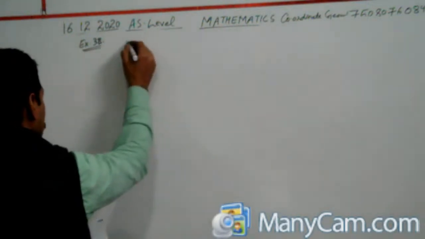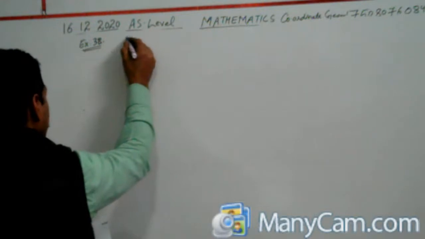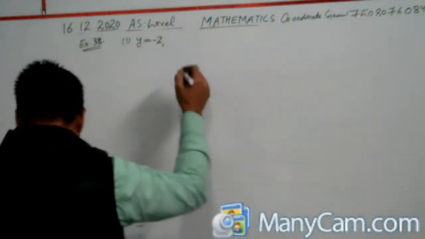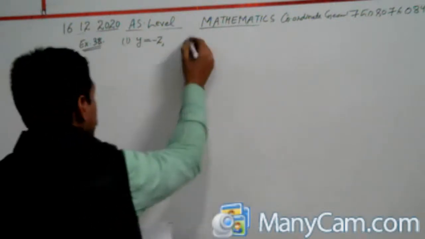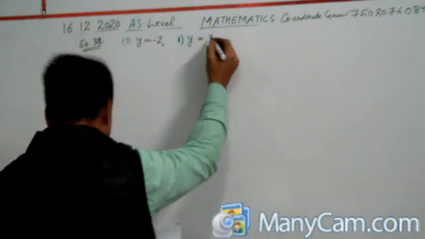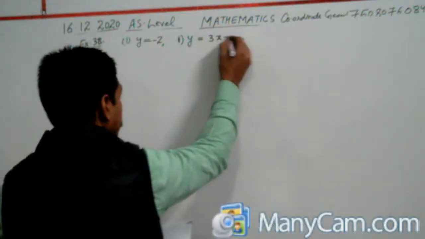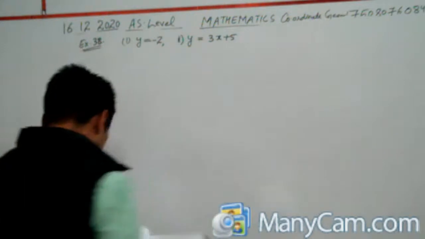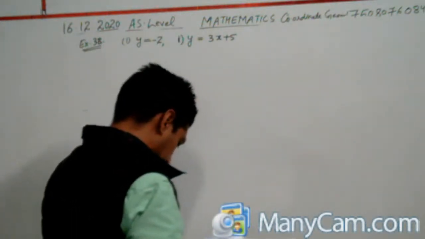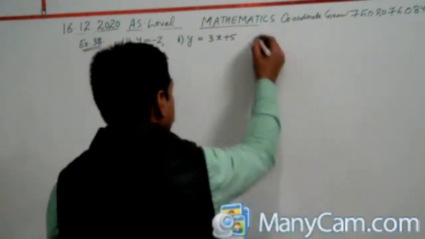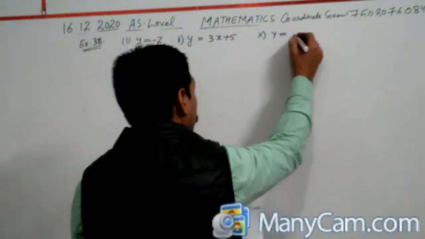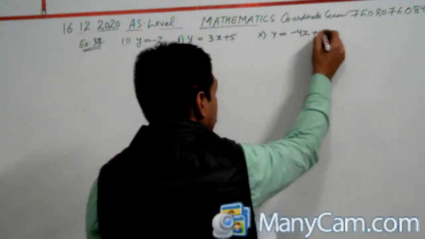Take a few examples which they have given. You have to sketch these lines. The very first part: y is equal to minus 2. Second: y is equal to 3x plus 5. Then the 10th part: y is equal to 4x plus 8.